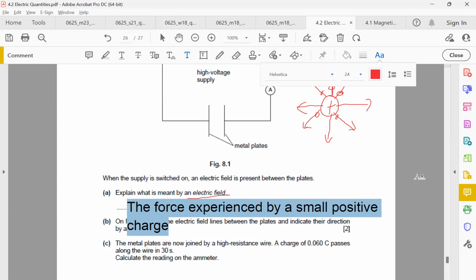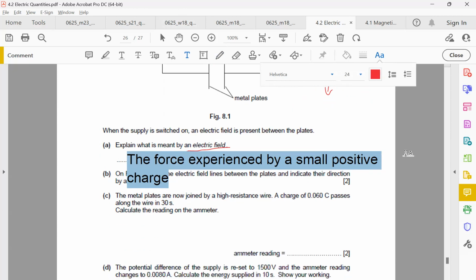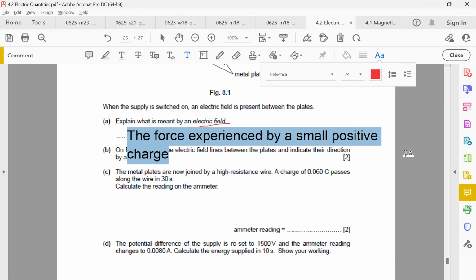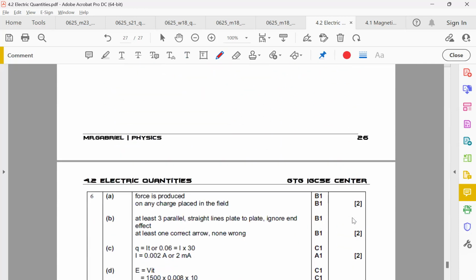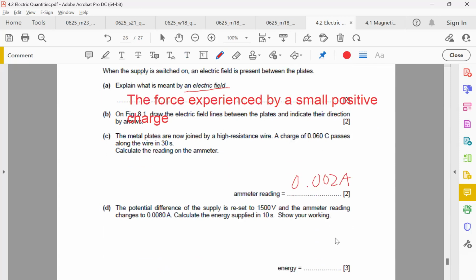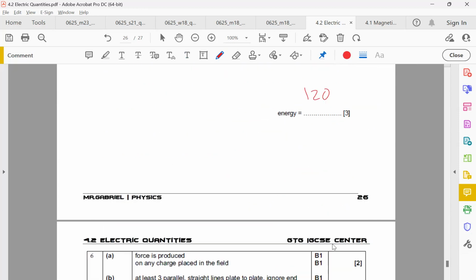You have any marks still for those that can see that? Yeah, obviously putting marks up for that. So it is 0.02 amperes and energy 120 joules.